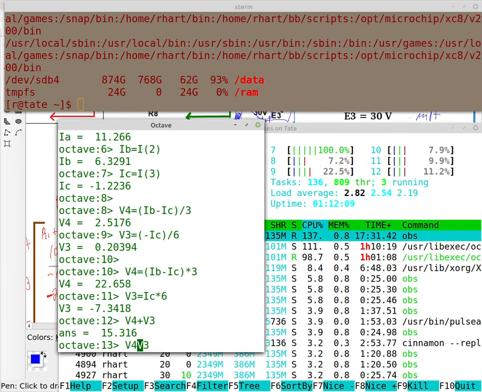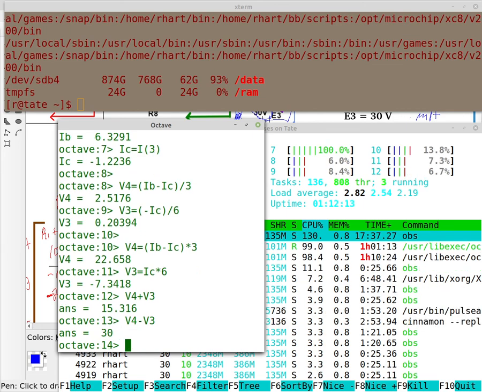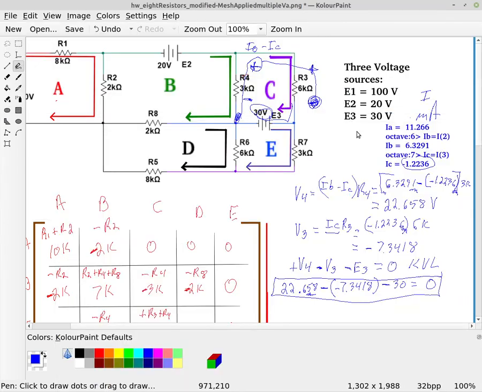V4 minus V3 must equal 30 volts, and you can see that does work. It was defined as V4 minus V3, and that is in fact 30 volts. So you subtract off the 30 volt source and you have 0 volts, and that satisfies Kirchhoff's voltage law, which tells me that my calculations were correct.